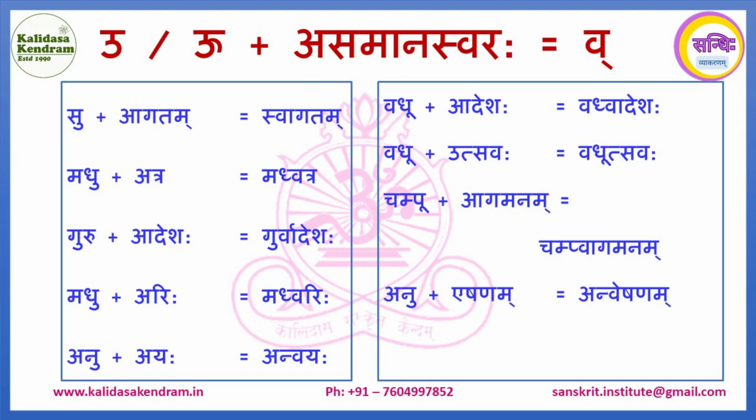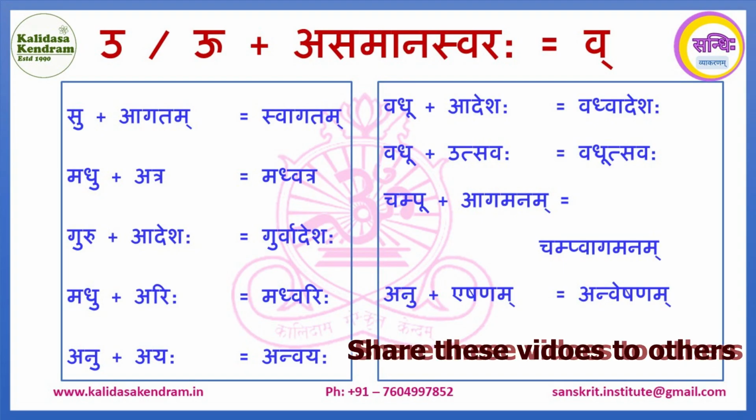More examples. U or Oo plus asamana swaraha becomes Va. Examples. Su plus agatam, swagatam. Madhu plus atra, madhvatra. Guru plus adeshaha, gurvadeshaha. Madhu plus arihi, madhvarihi. Anu plus ayaha, anvayaha.